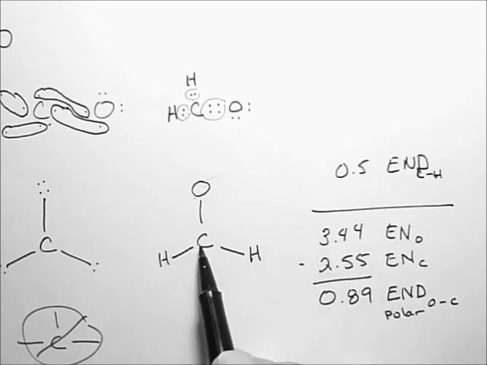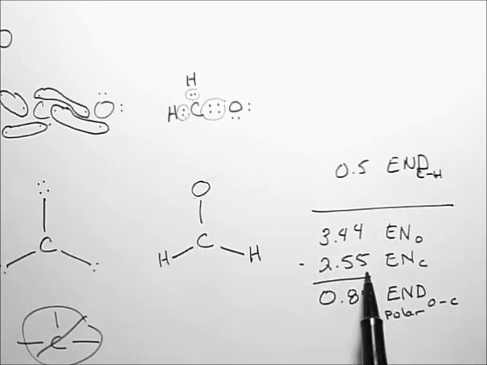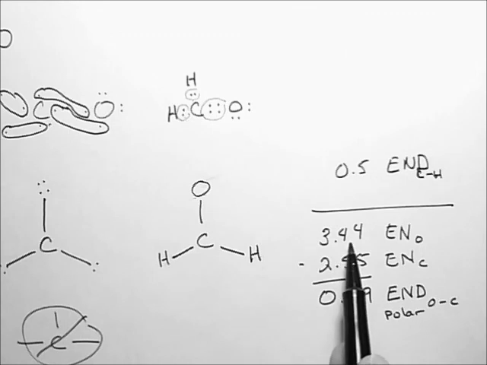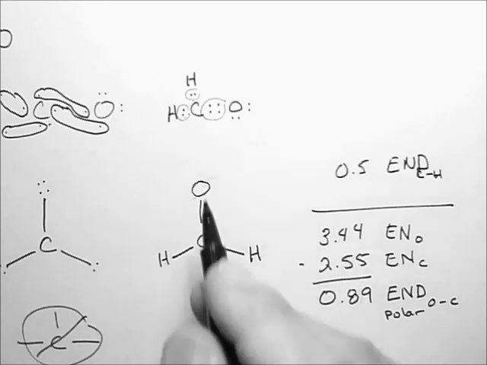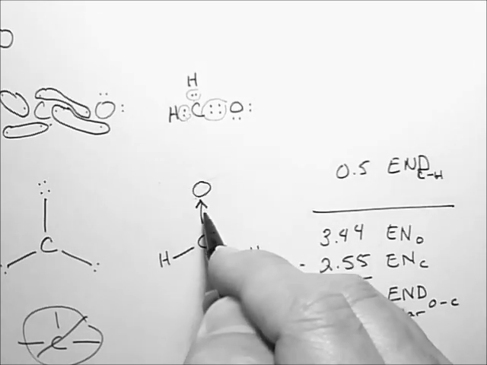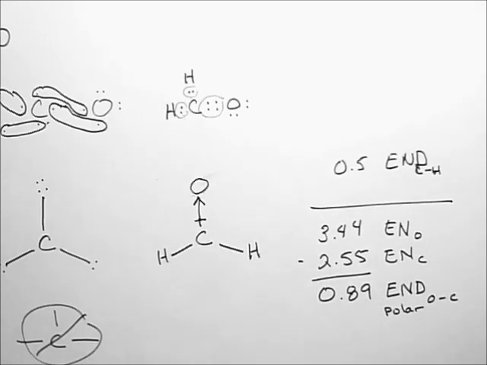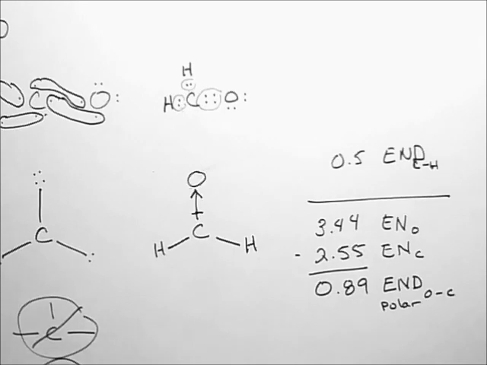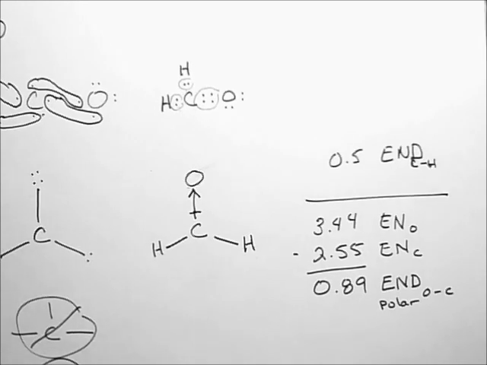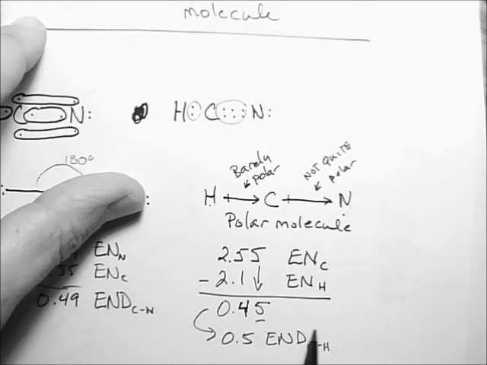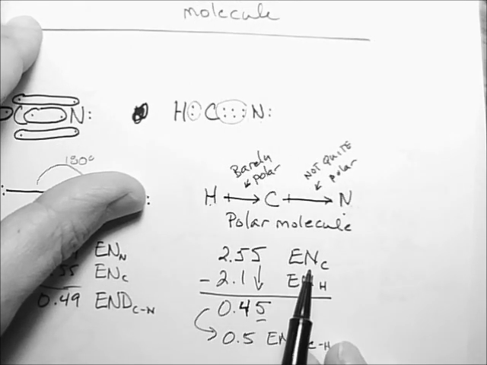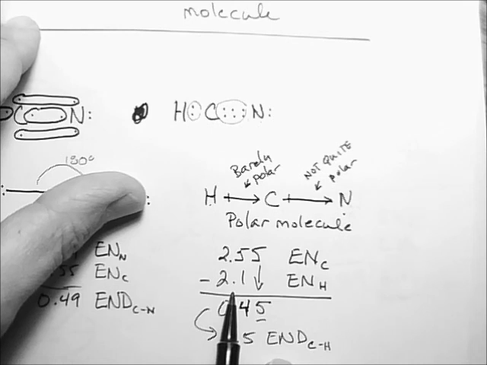The carbon has a smaller electronegativity than oxygen. Oxygen is more electronegative. That means the electrons are spending more of their time there. So we're going to have our arrow drawn toward the oxygen. Okay, going back and looking where we calculated the electronegativity for a carbon-hydrogen bond, we can see that carbon has a higher electronegativity than hydrogen does.